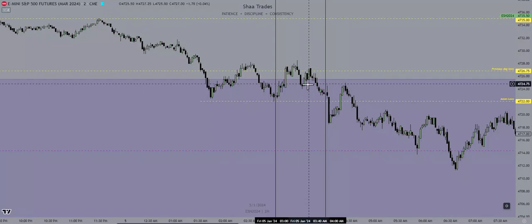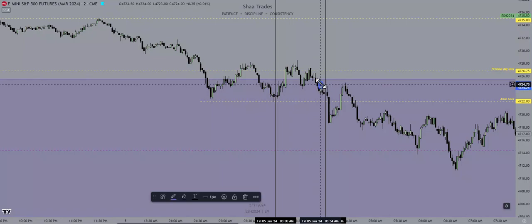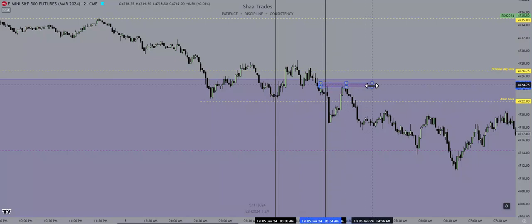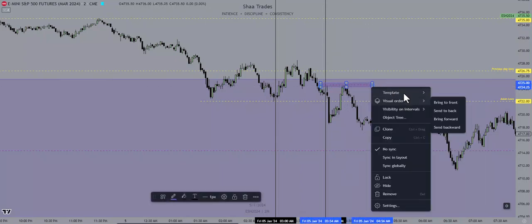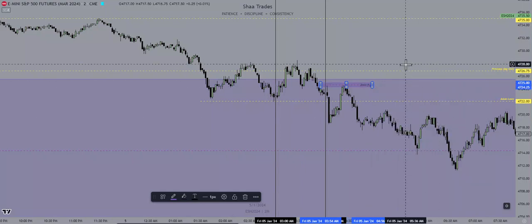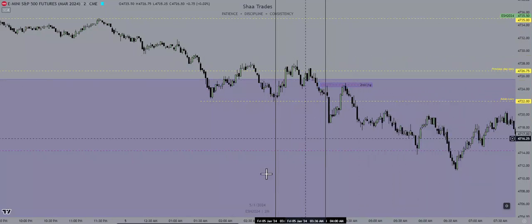This right here is a swing low. Price breaks that swing low, giving an indication that it wants to go down. So what we do, we come over here, and we draw out our fair value gap, and that will be the 2-minute fair value gap.